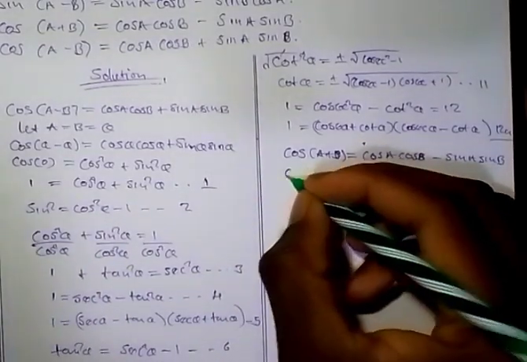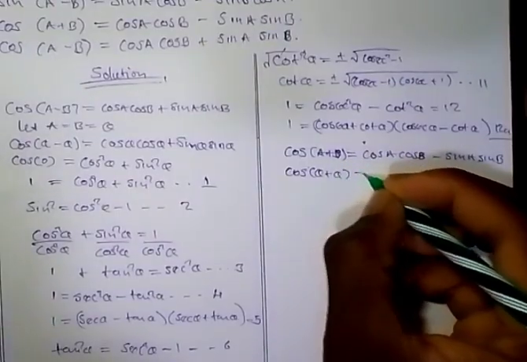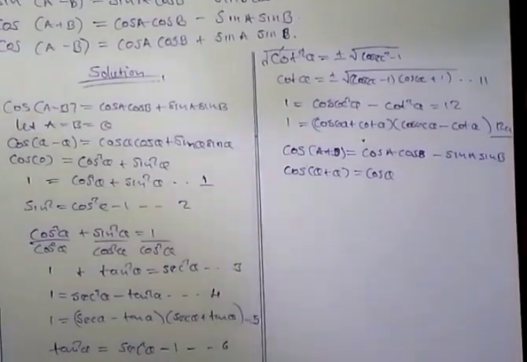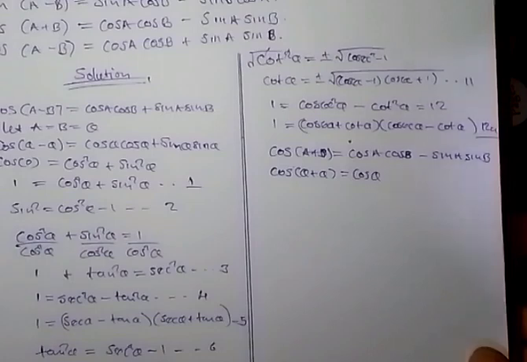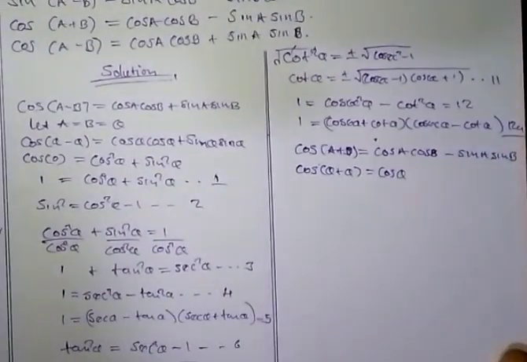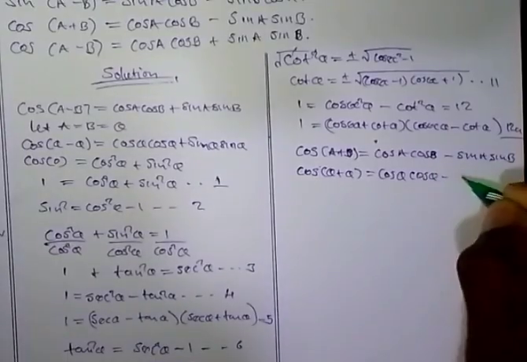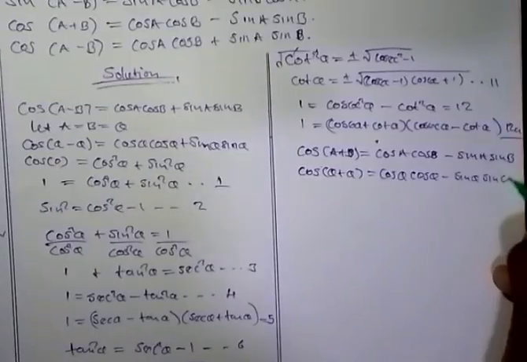So we're going to say cos theta plus theta is equal to cos theta cos theta again minus sin theta sin theta.